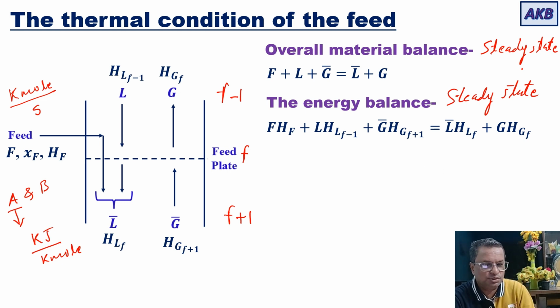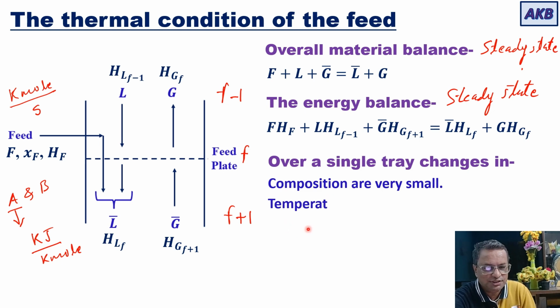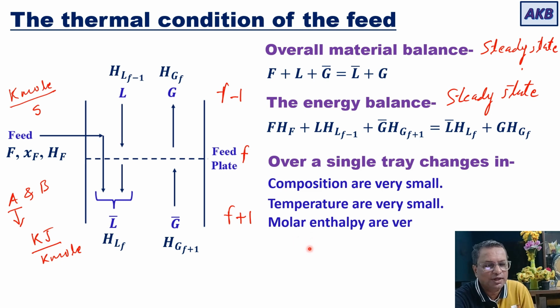Okay, so in the next step, if you talk about a single tray, like the feed tray, over a single tray the changes in these parameters are very small: changes in composition, changes in temperature, and even changes in molar enthalpy. So for a single tray, you can neglect those changes.